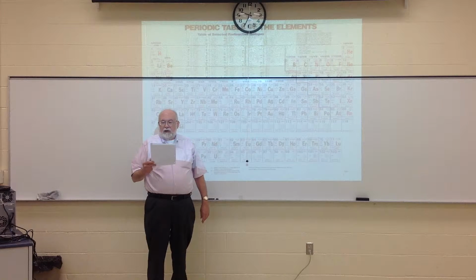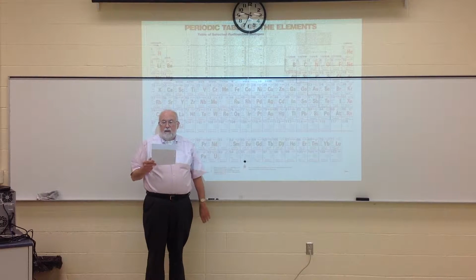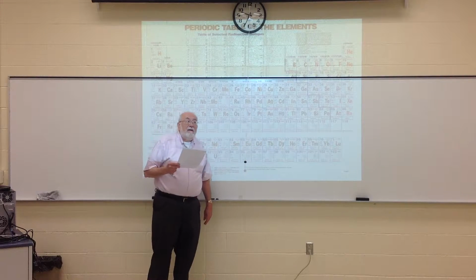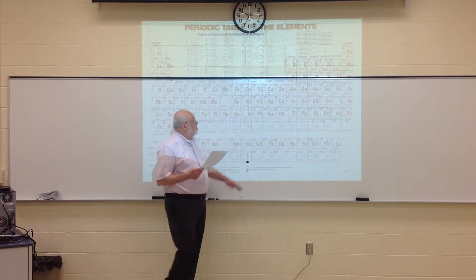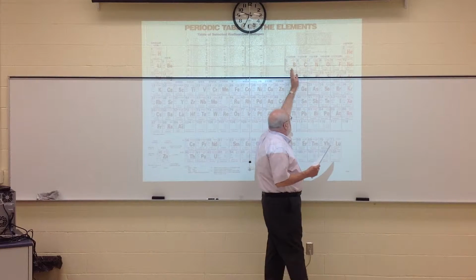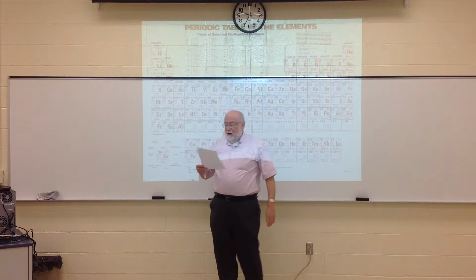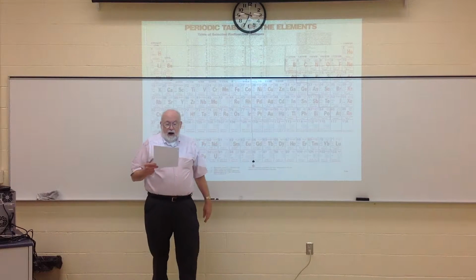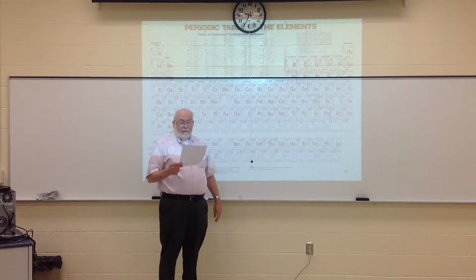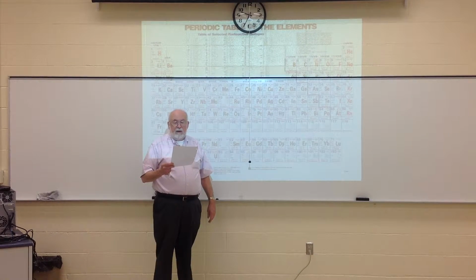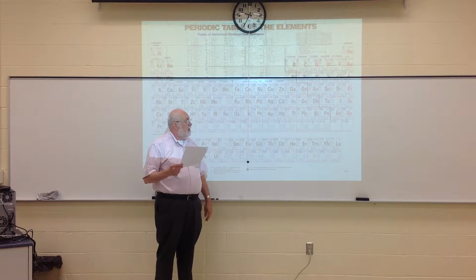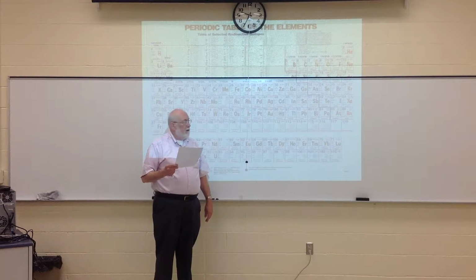How would you classify it according to being representative, transition, or noble gas? Representative, right, because the ones over here, like from 3A on over, those are representative except the noble gases, which are the last group, A. And how would we classify it according to metal, non-metal, metalloid? It's a metal, very much so.